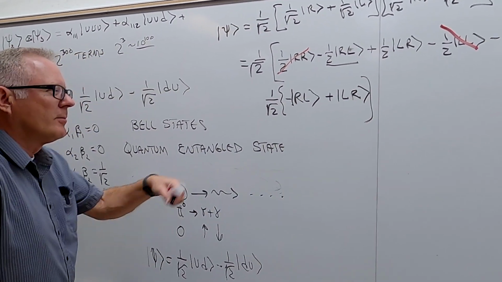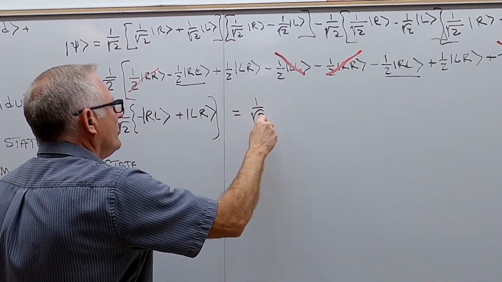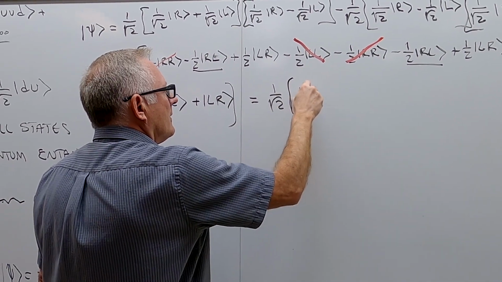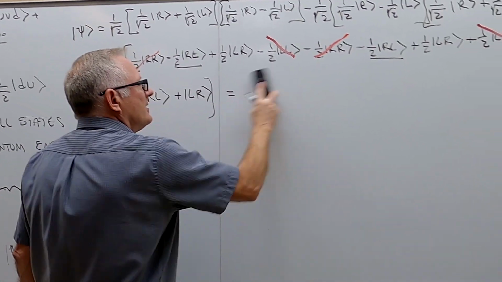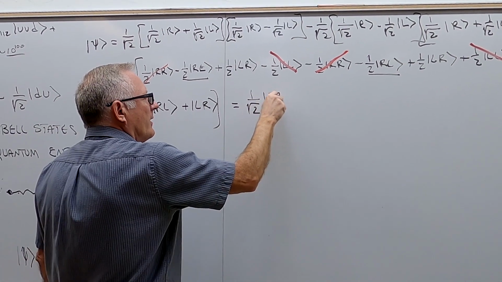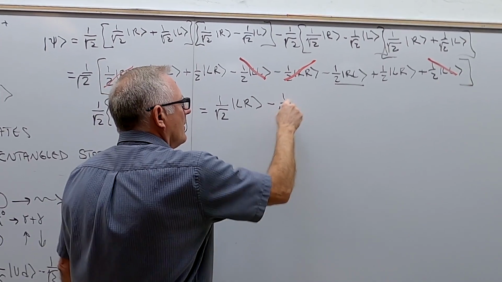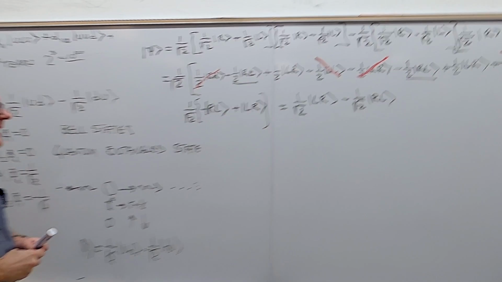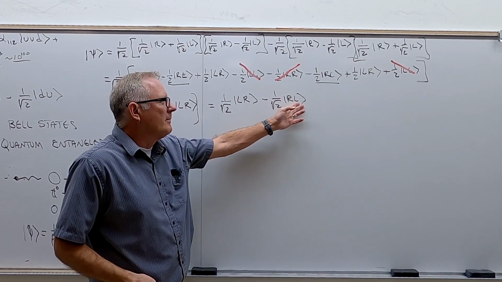Or if I multiply the 1 over the square root through, we get 1 over the square root of 2 left right minus 1 over the square root of 2 right left. Well, that looks like if I measure the first one right, the second one automatically becomes left.